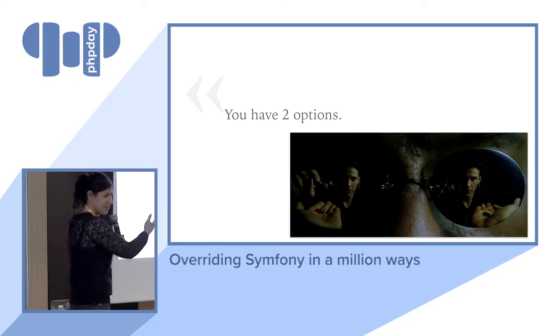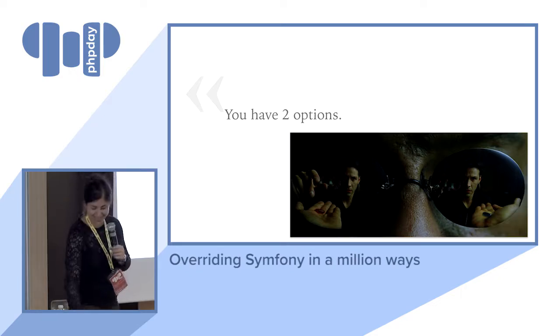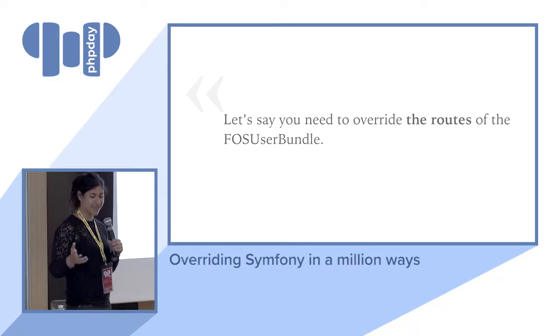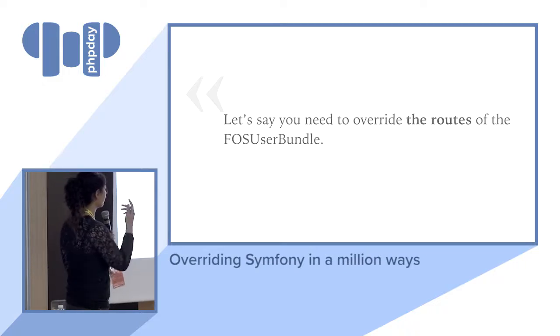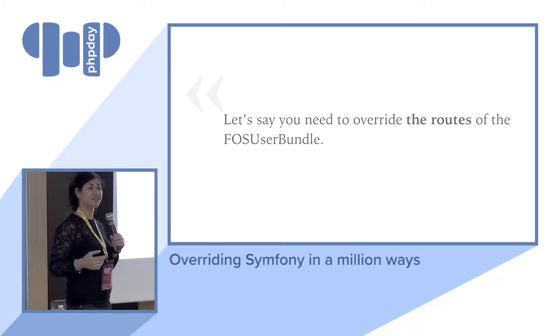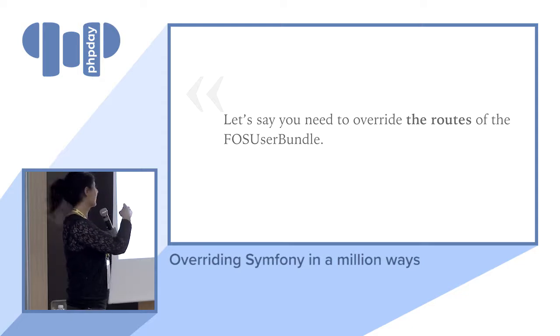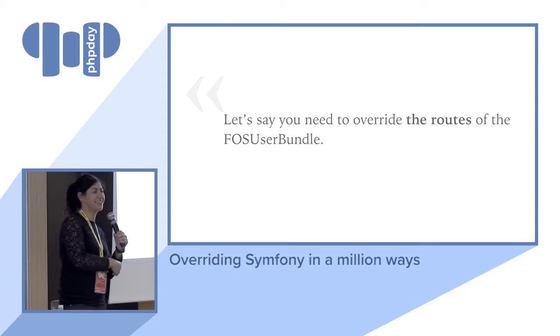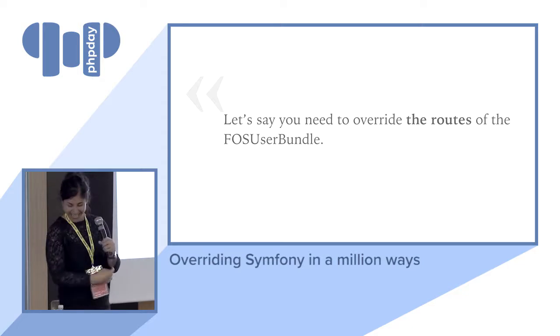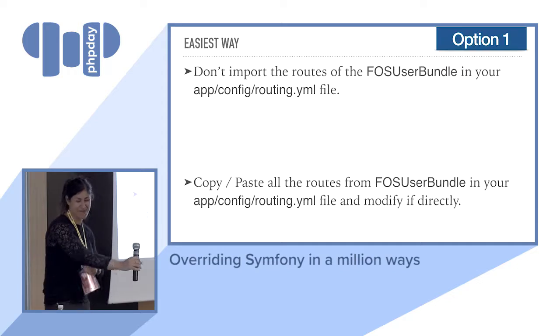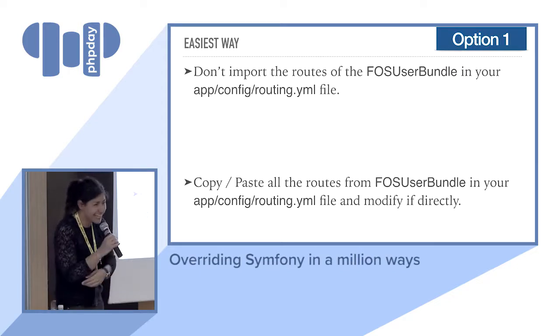It's possible, do whatever you want. So, option one, let's say you want to override the routes coming from FOSUserBundle. Just a question, who uses FOSUserBundle? Wow. I don't. Sorry, guys.